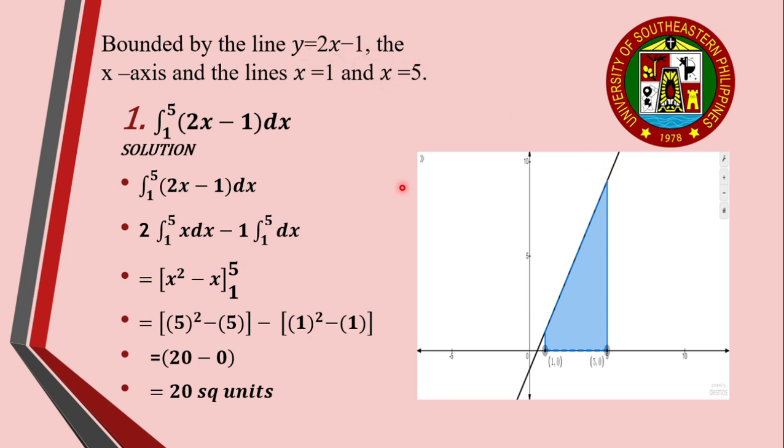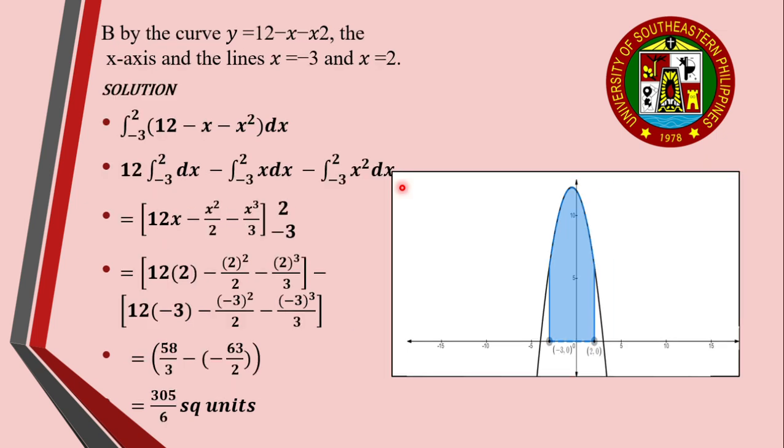So let us have another example in which it is not a linear function. Bounded by the curve y is equal to 12 minus x squared, the x-axis, and the lines x equal to negative 3 and x equal to 2.